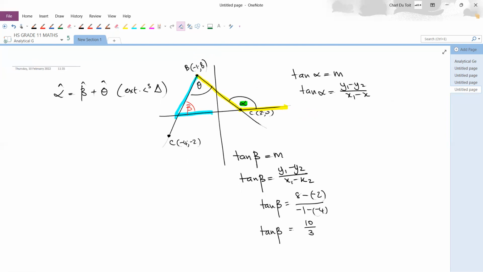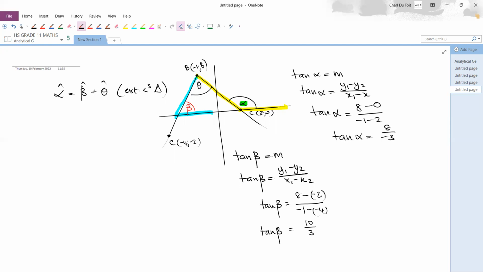It doesn't matter. And for the yellow one, I got negative 3/8. So tan alpha is 8 minus 0. But no, you swapped your x and y values around. Yeah. So tan alpha is 8 over negative 3.